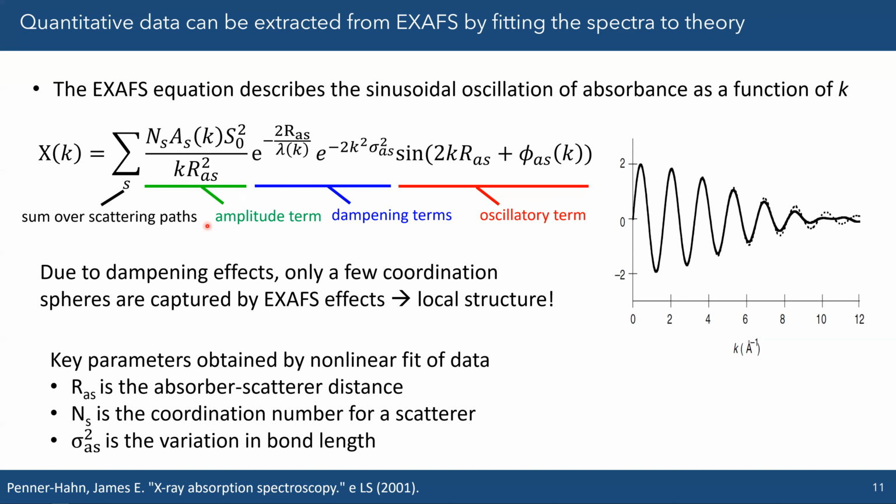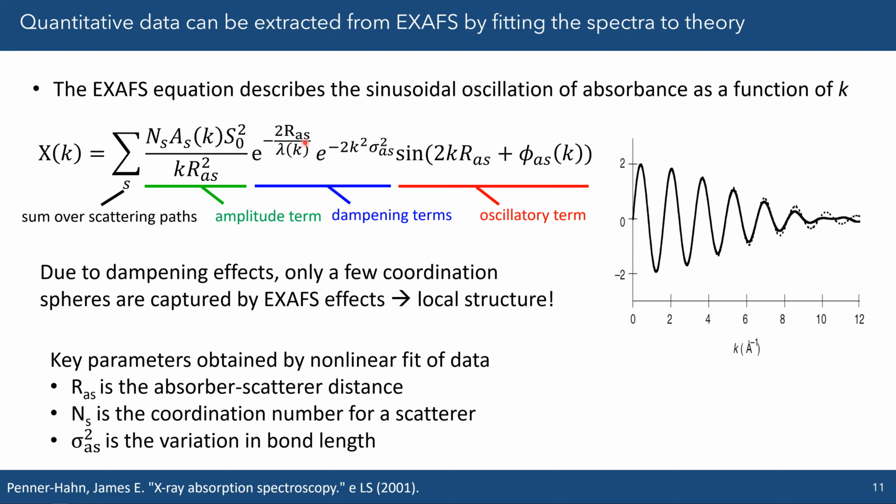So in addition to an amplitude term, we also need an oscillatory term, which describes the wiggling of your XAS data. And this also depends on your bond length. And then we finally have a damping term, which describes how our signal attenuates as your k increases.